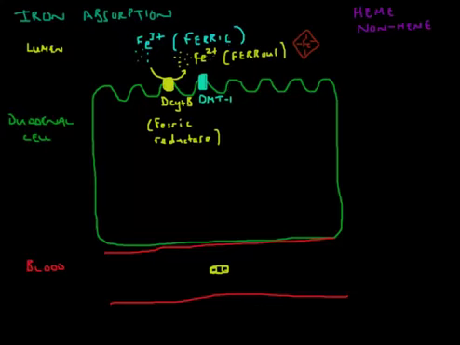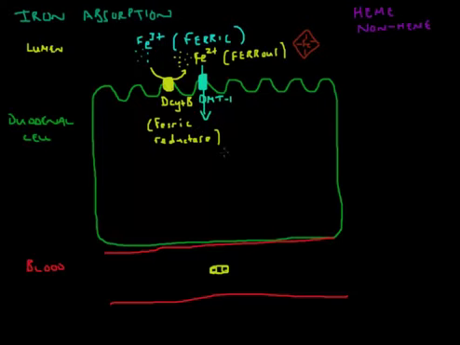You can see the valency of the ferrous ion, the 2 plus, is divalent. It's 2 divalent. Iron is a metal. This is a transporter, so it's divalent metal transporter 1. And with this transporter, the Fe2+ can get into the cell.